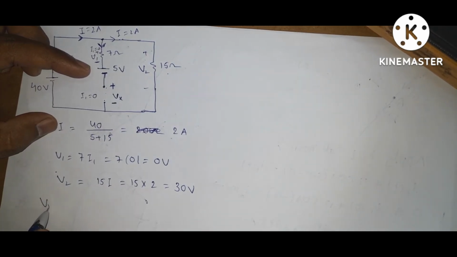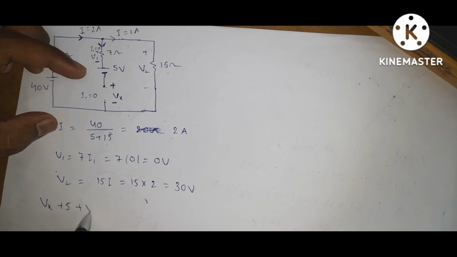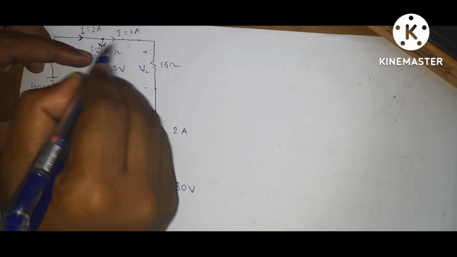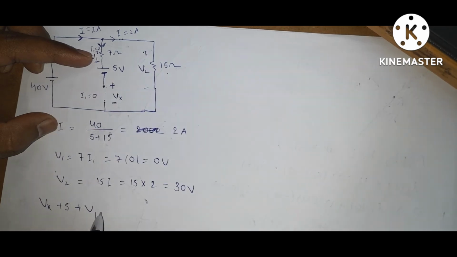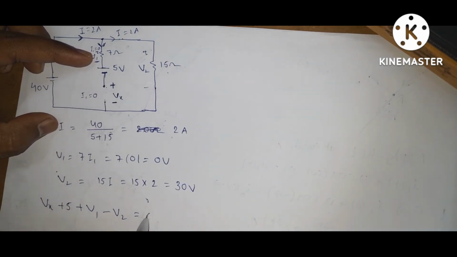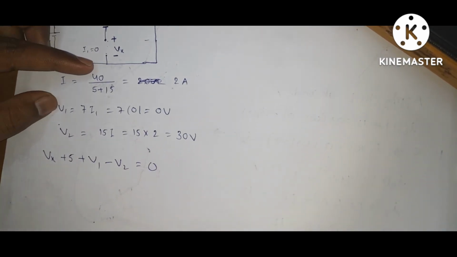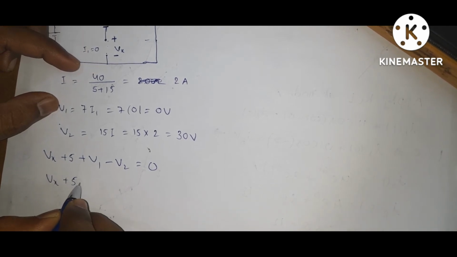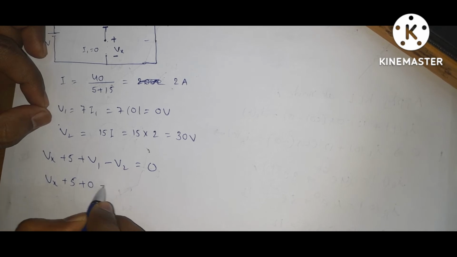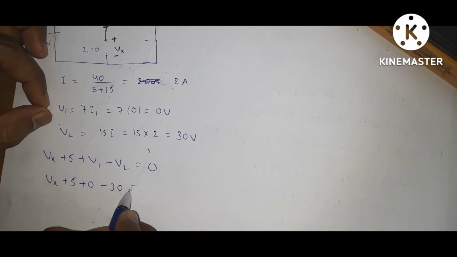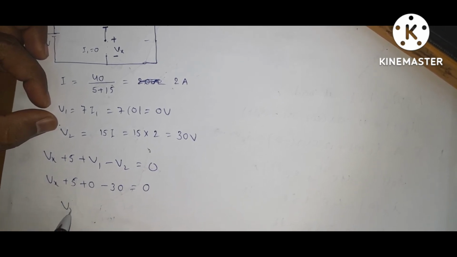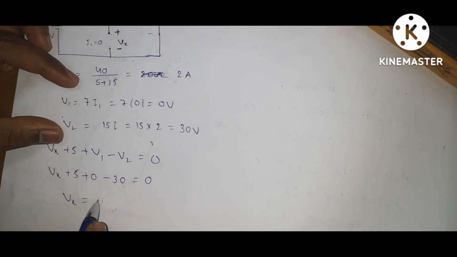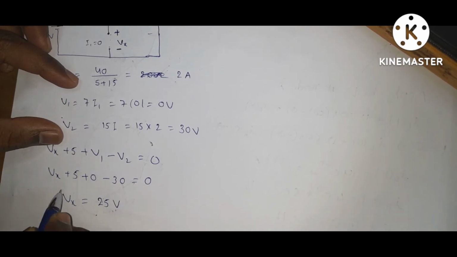So you will get Vx plus 5 plus V1. Here positive is connected to positive, so minus V2 is equal to 0. Vx plus 5, V1 is 0, minus 30 is equal to 0. So Vx is equal to 25 volts.